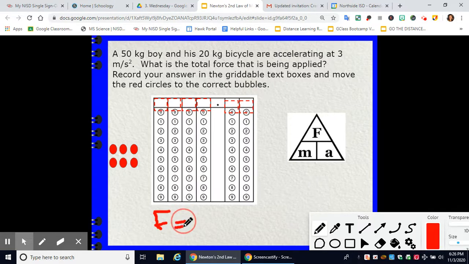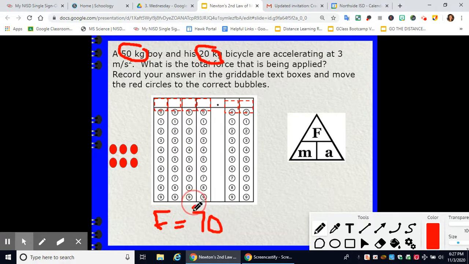So we need to know the mass that's being involved. We have a 50 kilogram boy, but we also have his bicycle, so we'd have to add those two numbers together to get our total mass, 50, 60, 70 kilograms. That would be our mass.